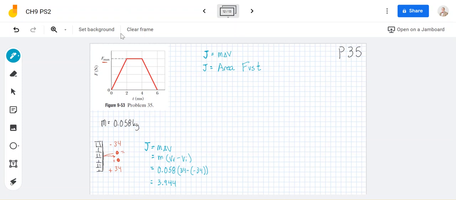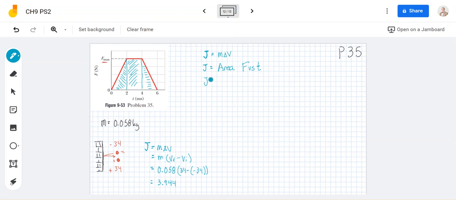And now what I'm going to do is set it equal to this area up here. But let's look at the area. I'm going to break the area up into three sections: this triangle, this rectangle, and this triangle here.